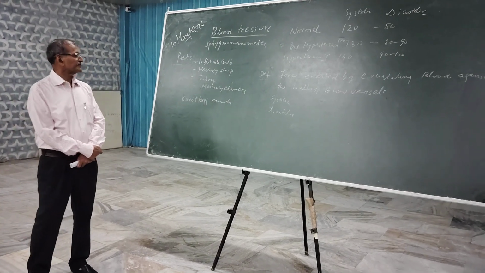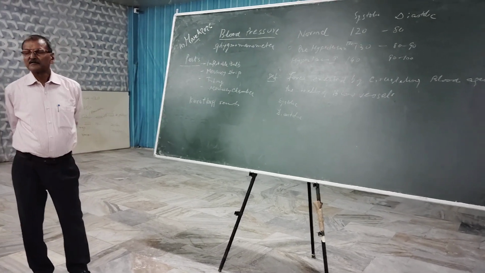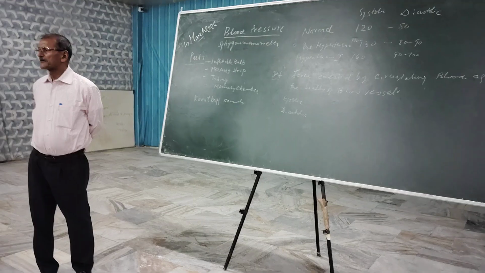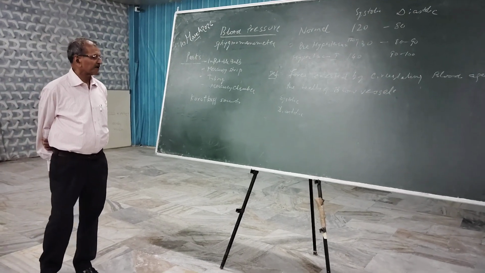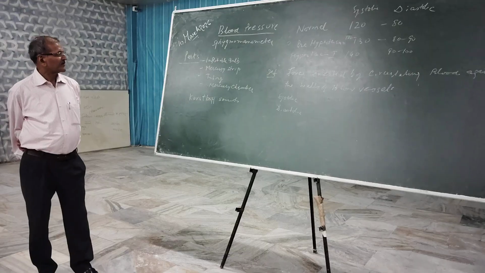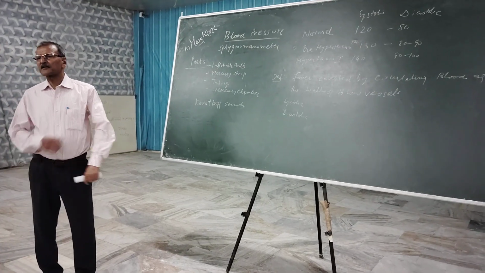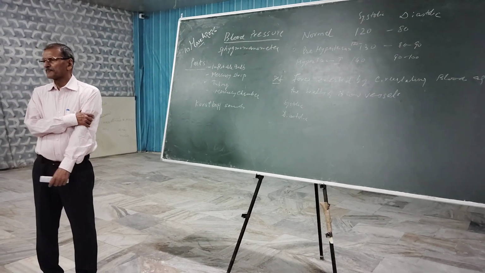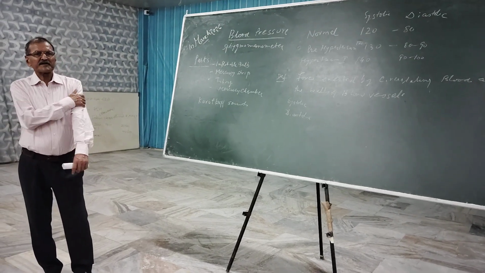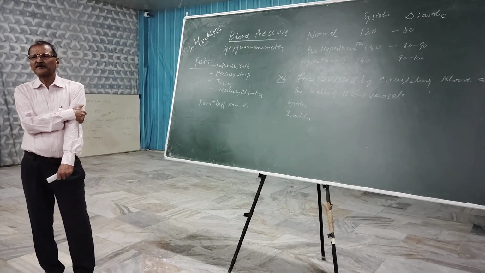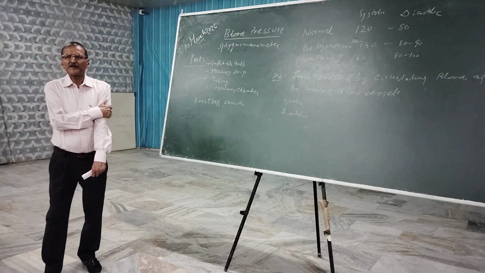So first you try to understand the mechanism behind recording of blood pressure. What happens? You apply the cuff around the arm and start raising the pressure in the cuff, right? So what will happen?